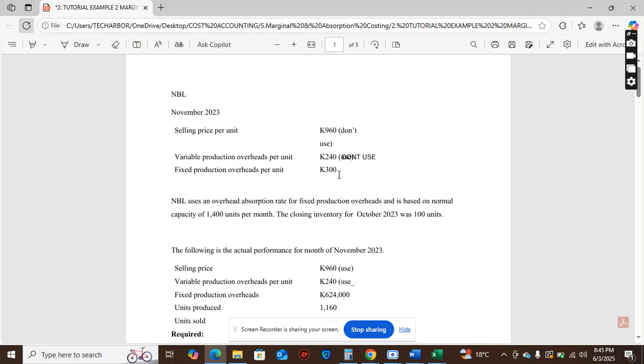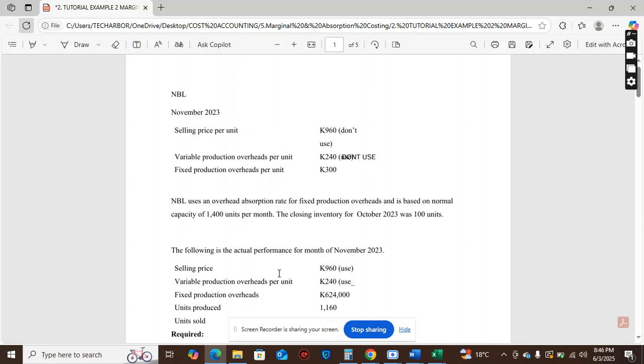One way to know if you've over or under absorbed, because in this case they've told us we're absorbing the overheads with the number of units produced: you check the number of units produced on a monthly basis, which is 1,400.